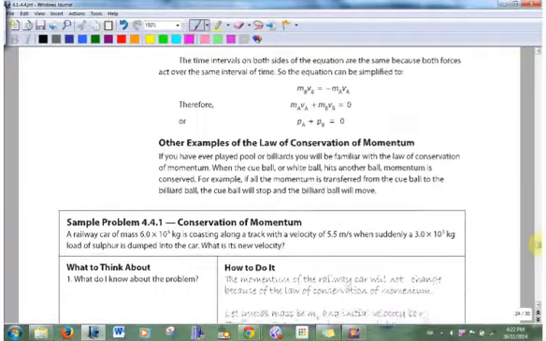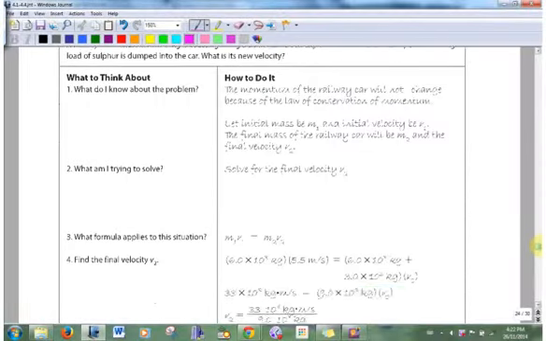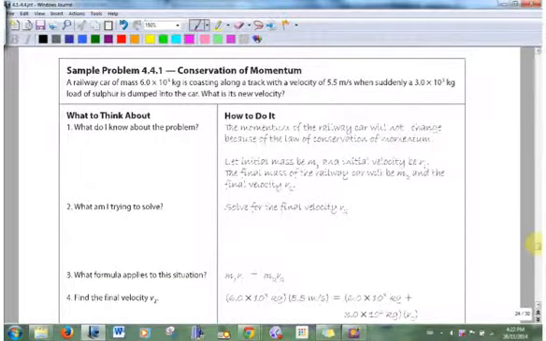Okay, so let's look at this example. Got a couple more. A railway car. I like pictures. I'll do it right here. There's my railway car on a railway. It has a mass of 6,000 kilograms, and it's coasting along.